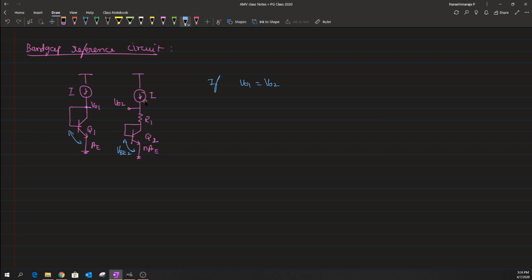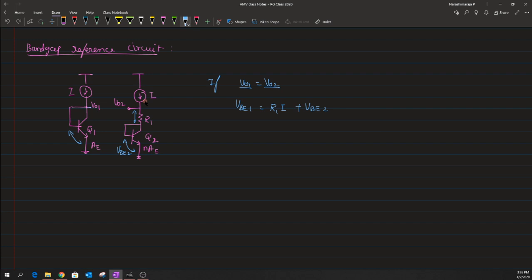What I really mean is that what we have for VO1 is just VB1, but what we have across this VO2 is the summation of two potential drops. The first potential drop is written as R1 into I, because that is the current that flows through the collector, plus the VB2.